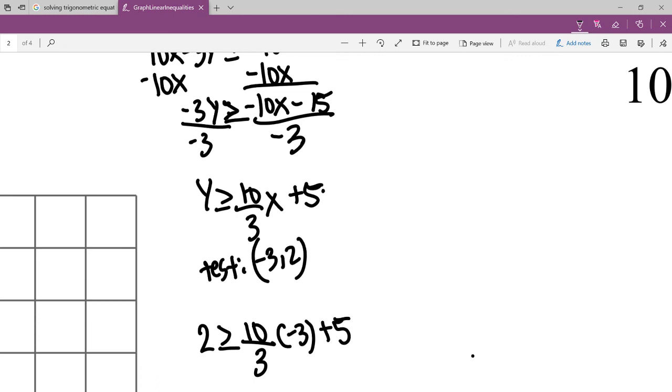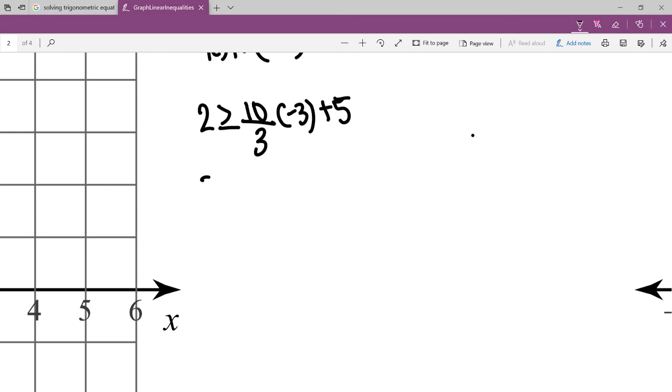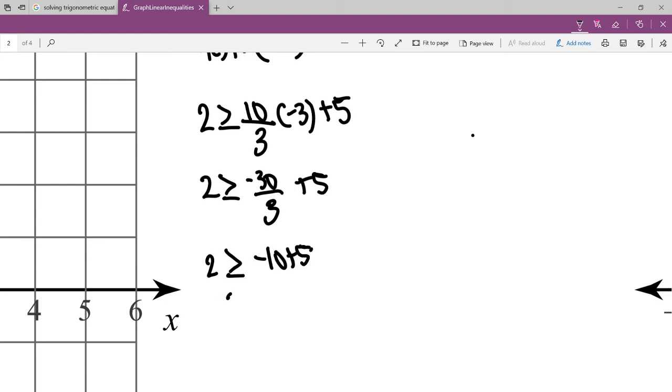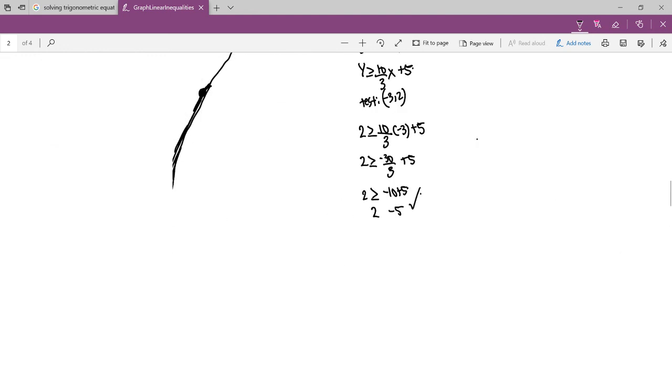Then 2 is greater than or equal to -30 over 3 plus 5, so 2 is greater than or equal to -10 plus 5, and 2 is greater than or equal to -5, and that's true.